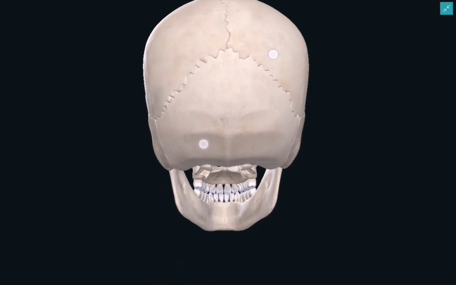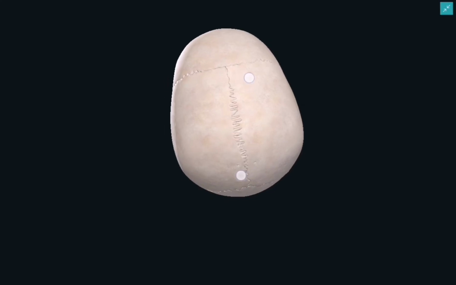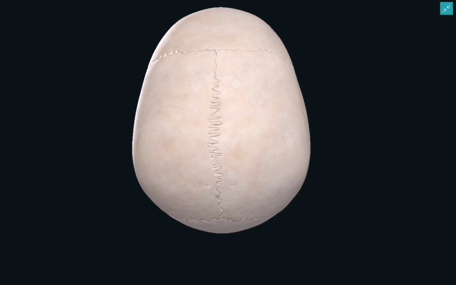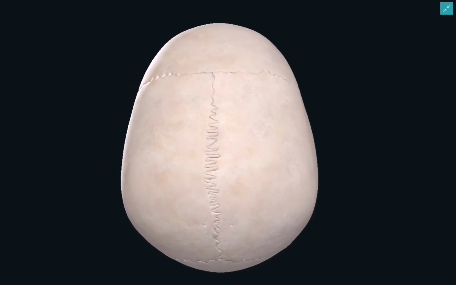The first one to discuss is the Norma verticalis, when we look at the skull from a top view. In each norma, you will discuss the bones forming it, the sutures present between these bones, and also the general features present. The first bone is the frontal bone, which forms the forehead. These two bones along the side are called parietal bones.